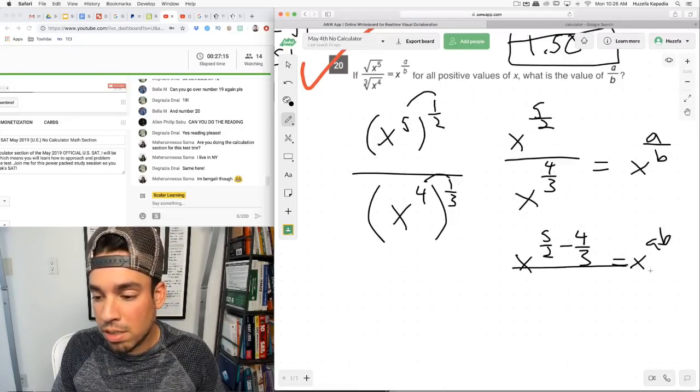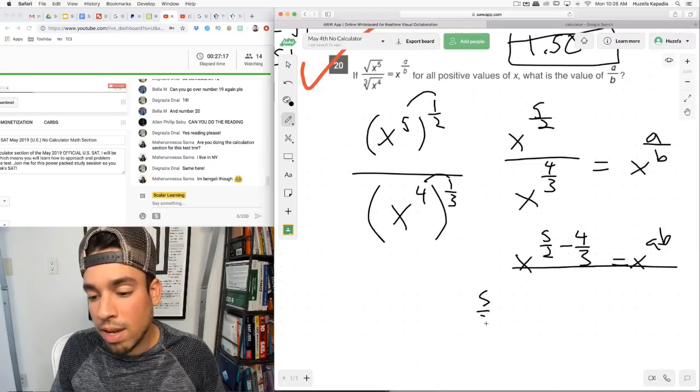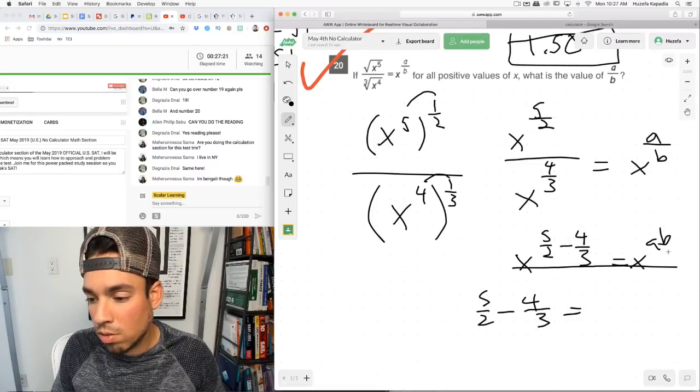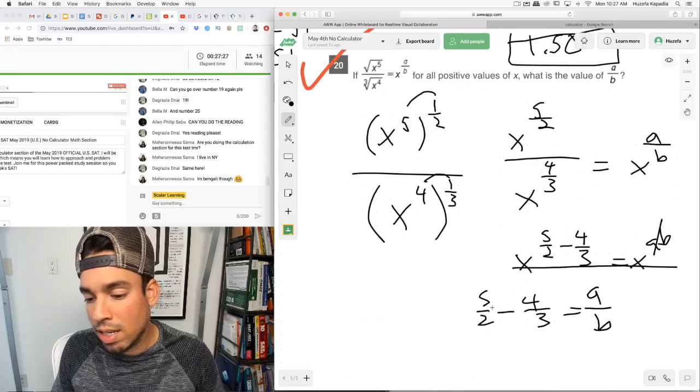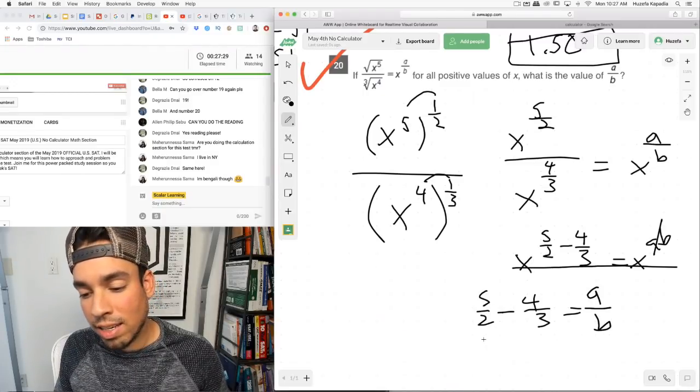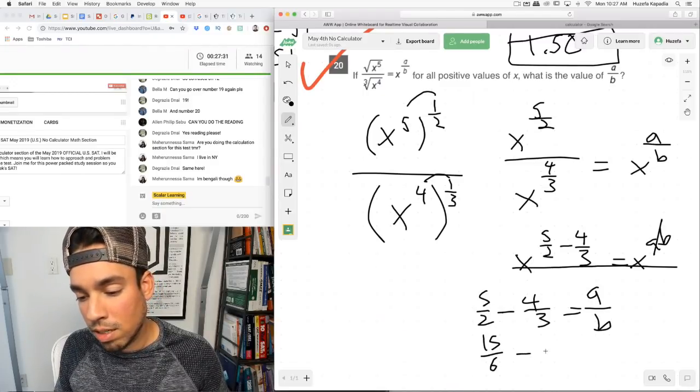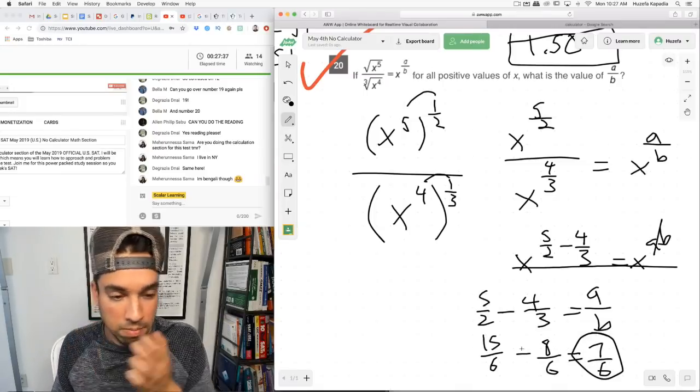Again, we don't need the bases now that they're equivalent. So 5/2 minus 4/3 equals a over b. Using common denominators I get 15 over 6 minus 8 over 6, which is 7/6, and that's a over b, and that's it.